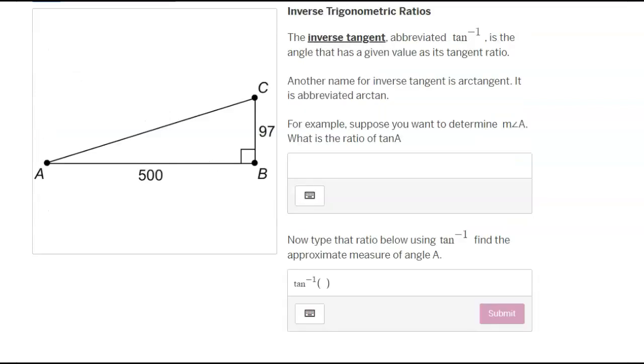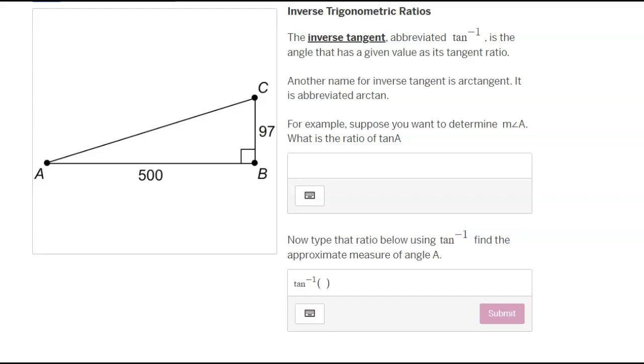Today we're going to talk about the inverse, and I'm no longer going to use "opposite" in place of "inverse." I'm going to start using the word inverse, which we have used in the past as opposite, such as the opposite of multiplication is division, the opposite of addition is subtraction, the opposite of subtraction is addition. The word inverse is interchangeable.